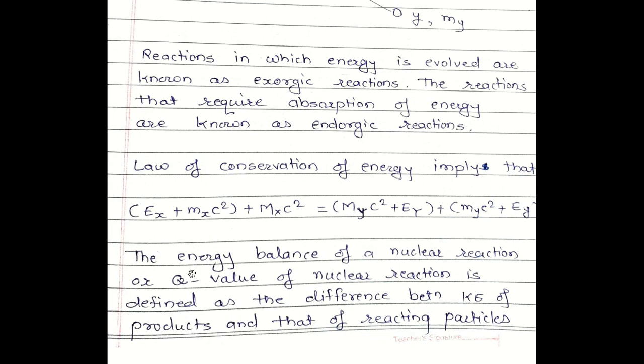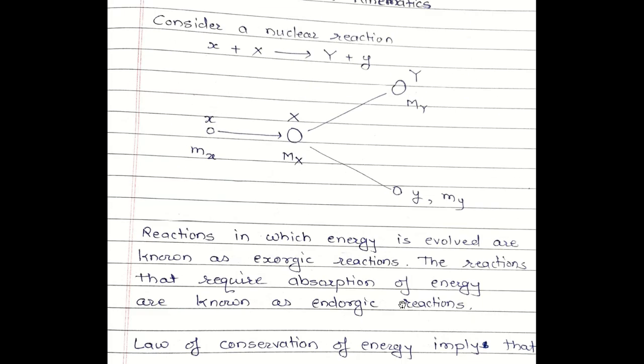Now we have to define an important term associated with the nuclear reaction, that is the Q value of a nuclear reaction. It is defined as the difference between the kinetic energy of the products and the kinetic energy of the reactants. So the Q value is the kinetic energy of Y plus the kinetic energy of small y minus the kinetic energy of small x.